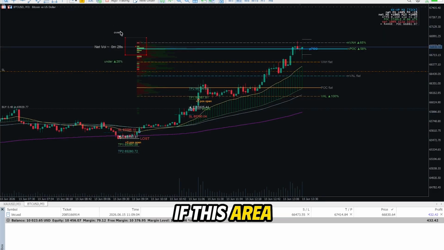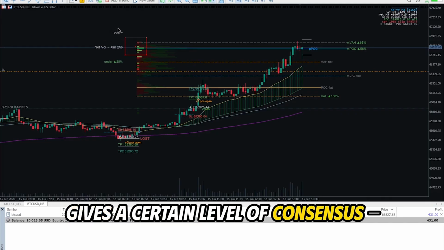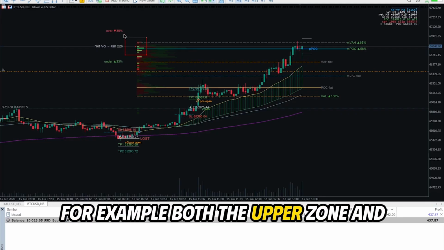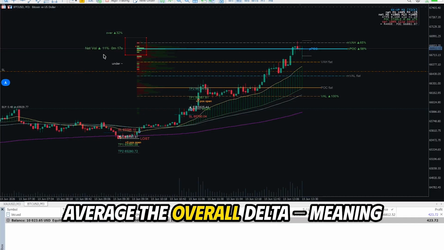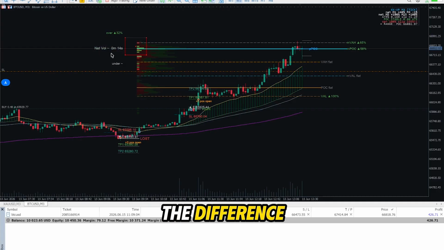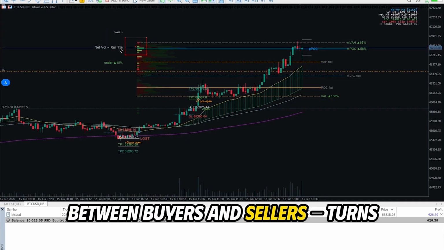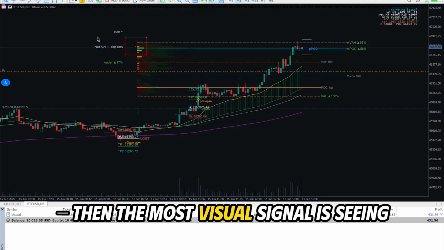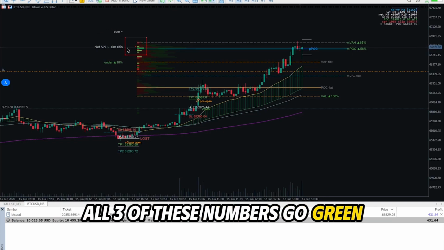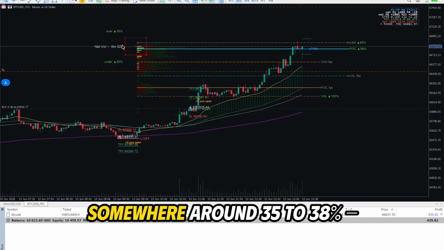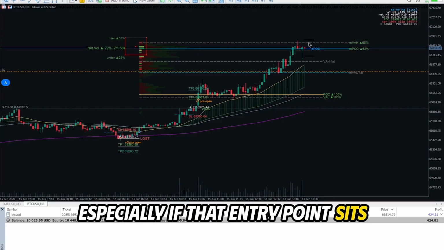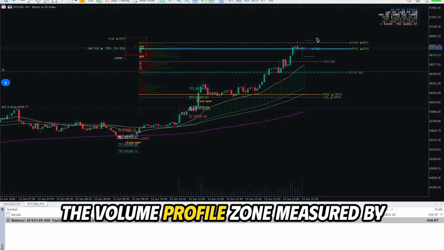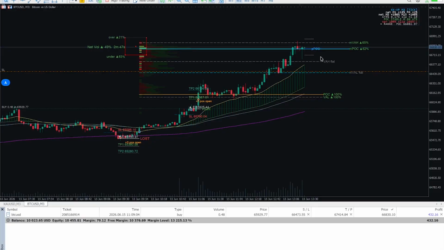If this area gives a certain level of consensus, for example, both the upper zone and the lower zone want to buy, and on average, the overall delta, meaning the difference between buyers and sellers, turns green, then the most visual signal is seeing all three of these numbers, and I expect this middle zone at somewhere around 35 to 38%. That's when it becomes convincingly attractive, especially if that entry point sits above the volume profile zone measured by my gauge.